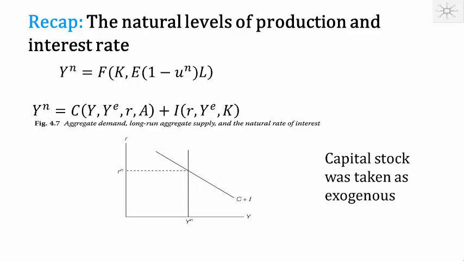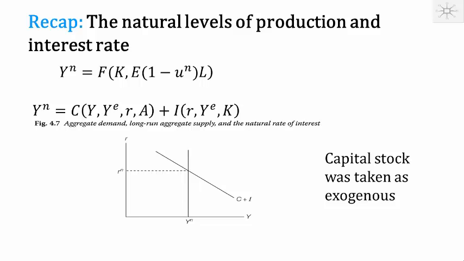We said that for a given capital stock, when unemployment is at its natural level, and we have a certain technology, then there is a certain long-run level of income, or natural level of income. But that is for a given capital stock.